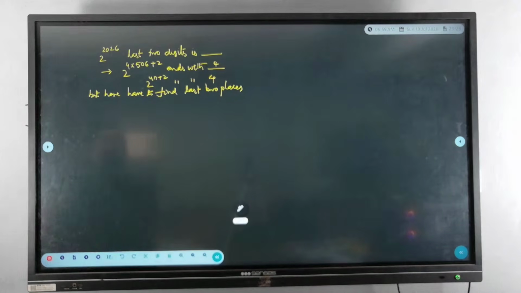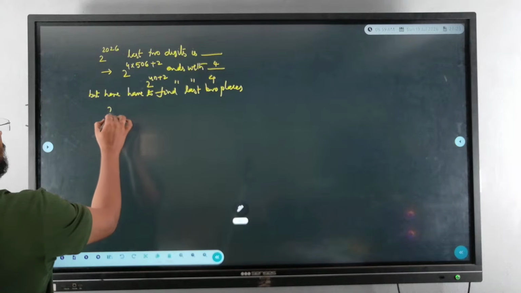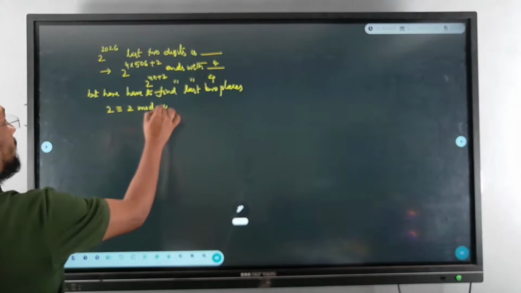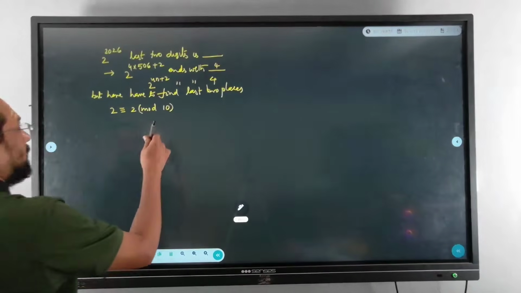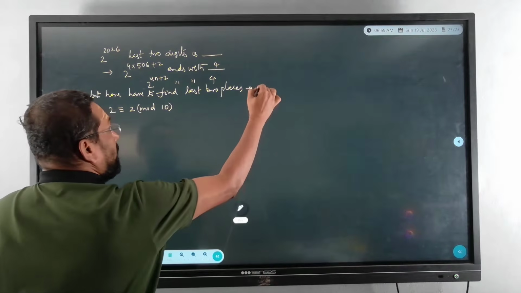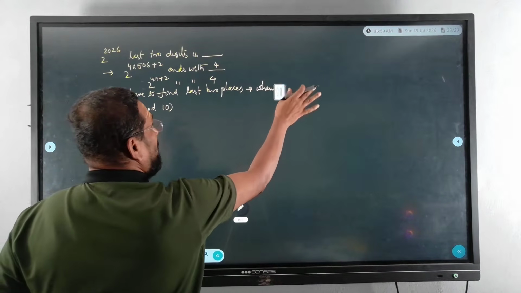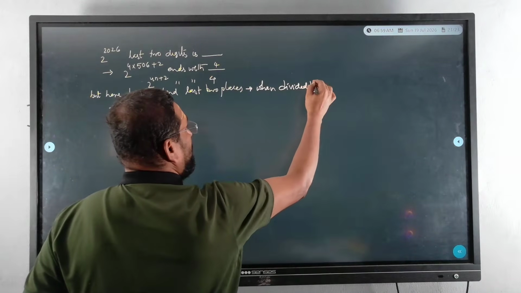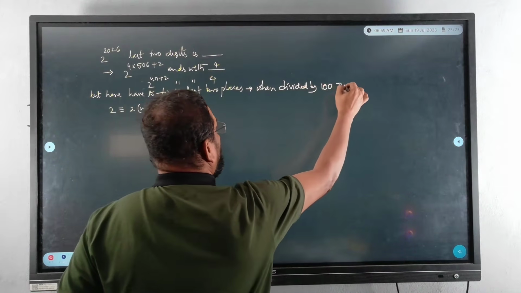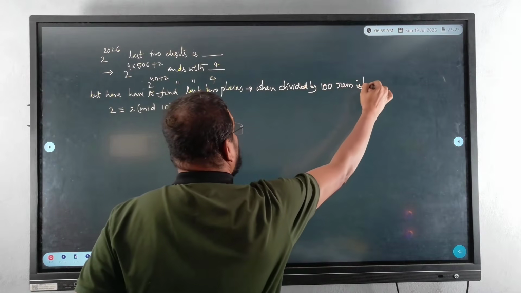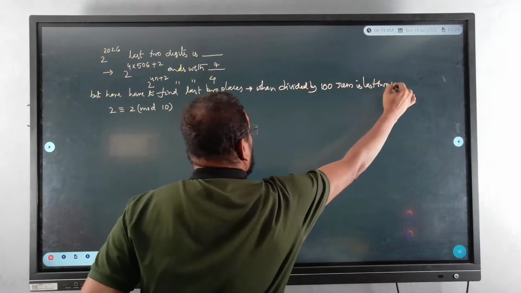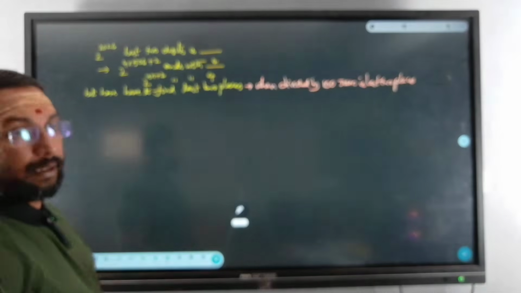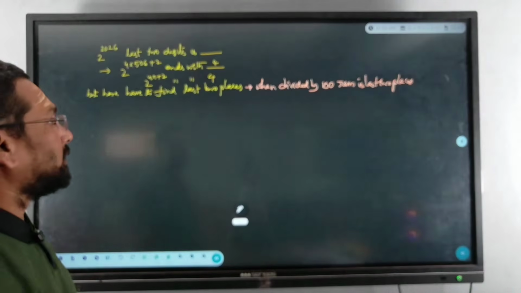Very good. So 2 congruent to 2 mod 10. Last two places means when divided by 100, the remainder is the last two places.